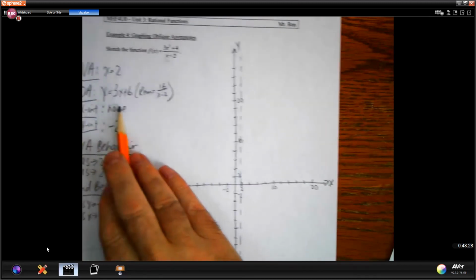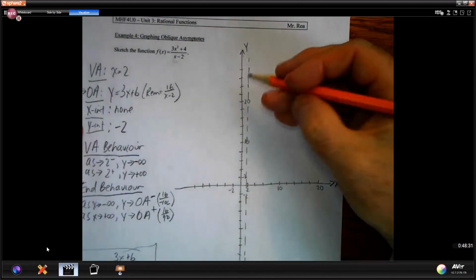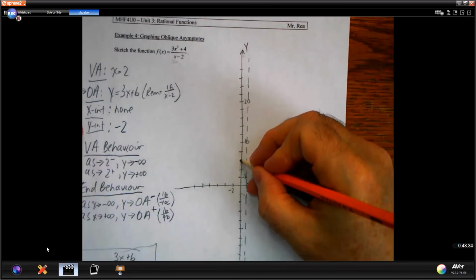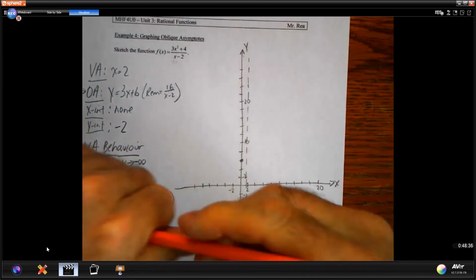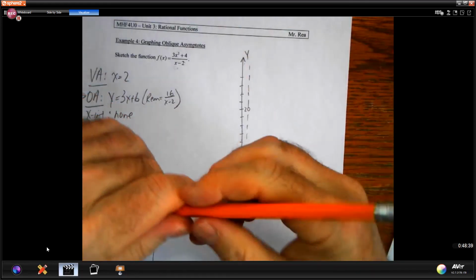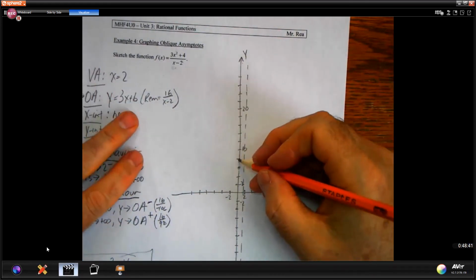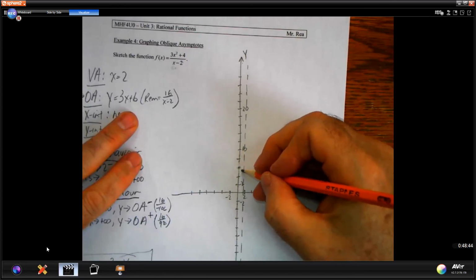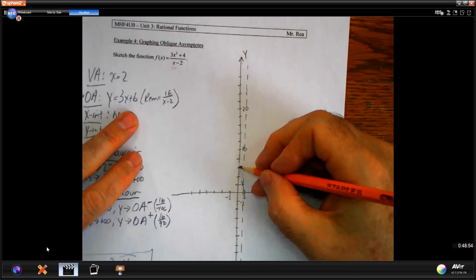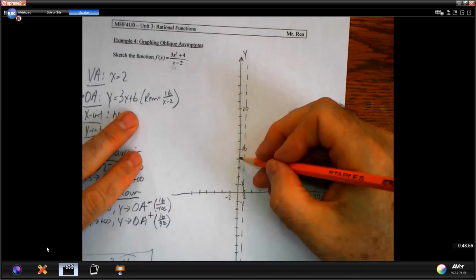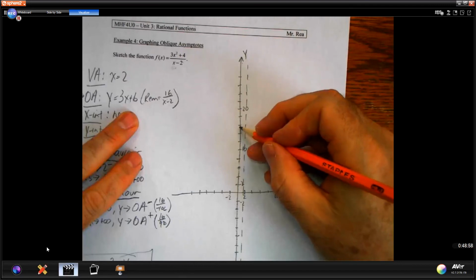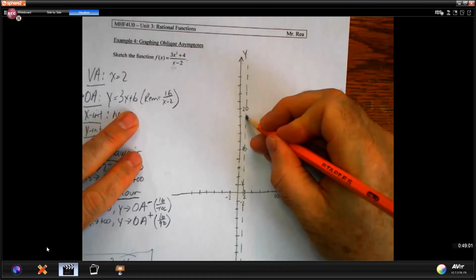And then the horizontal, sorry, there's no horizontal. Oblique asymptote, 3x plus 6. So I have a y-intercept at 6. That's actually not a point. Then if I go over 2, this is going up 12: 2, 4, 6, 8, 10, 12. So it's up here. It's very steep.